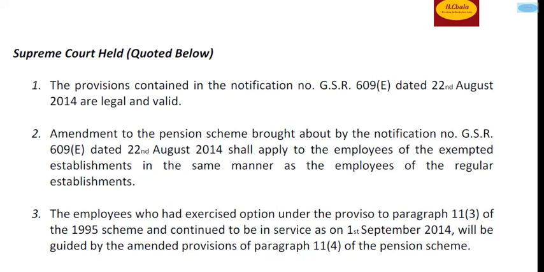We quote below. What did it say? The provisions contained in the notification dated 22nd August 2014 are legal and valid. In essence, the amendment brought out by the Employees Provident Fund Organization effective 1st September 2014 is valid.